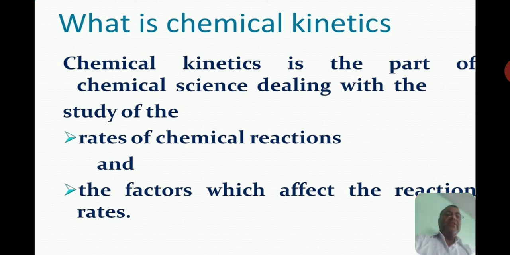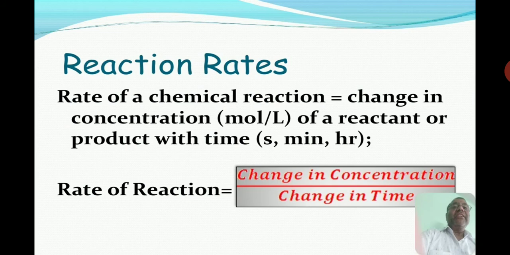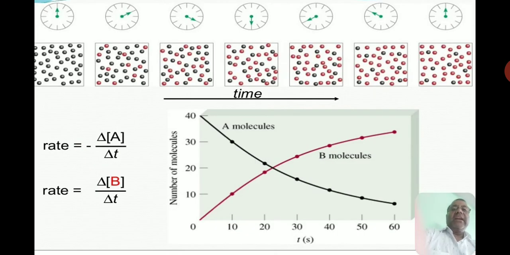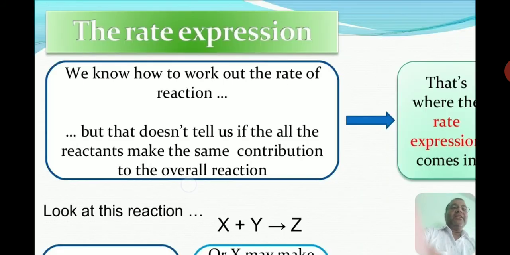Moreover, reaction rates. What are rates of reaction? In what way can they be represented? What will be the formula to show the rate of reaction? All these are clear in this slide. And this rate of reaction, when we plot a graph, how it will be reflected, is in this slide.